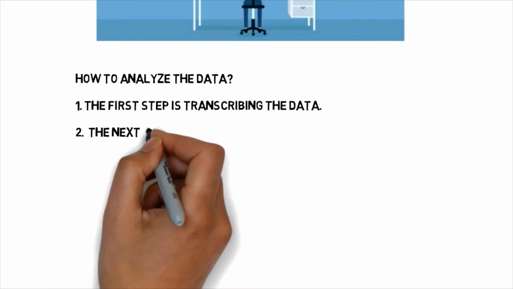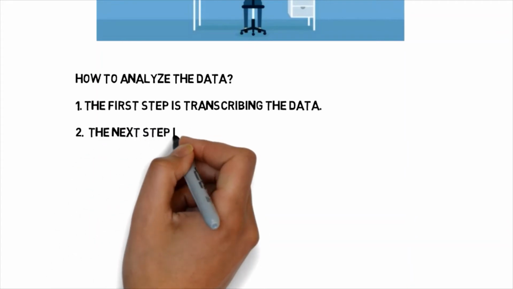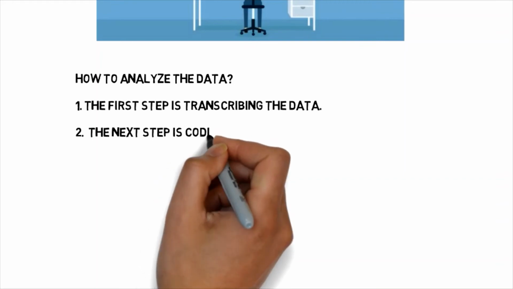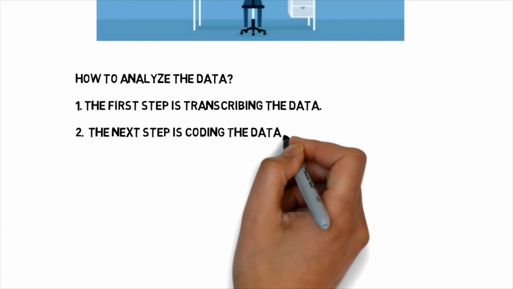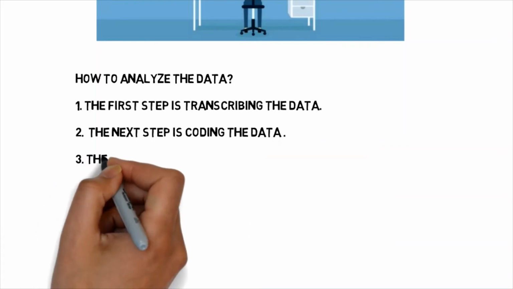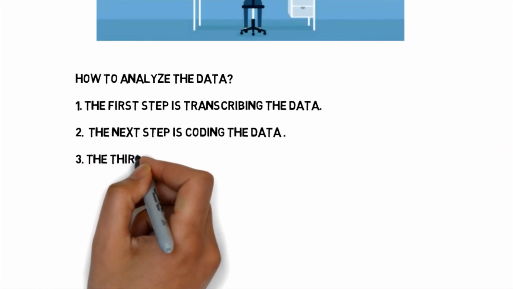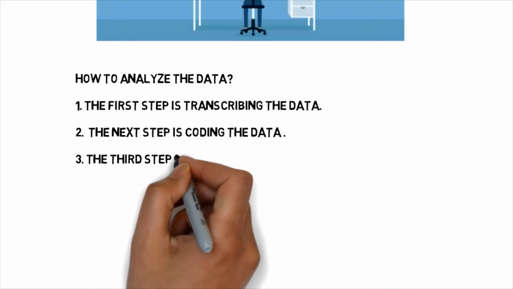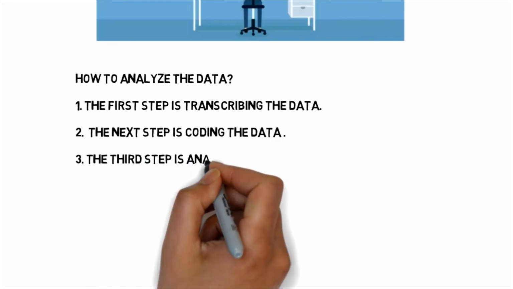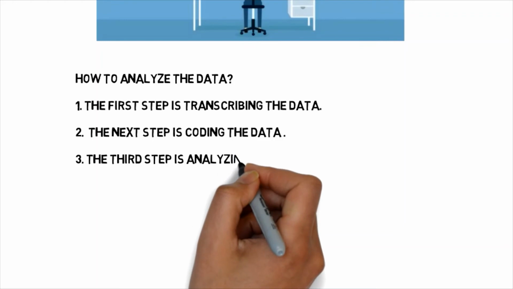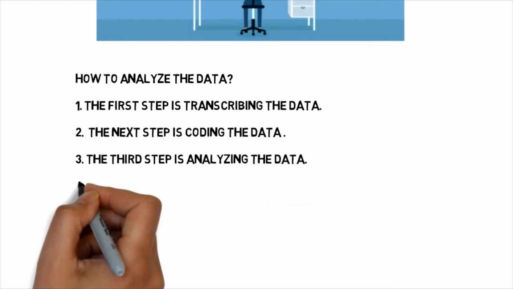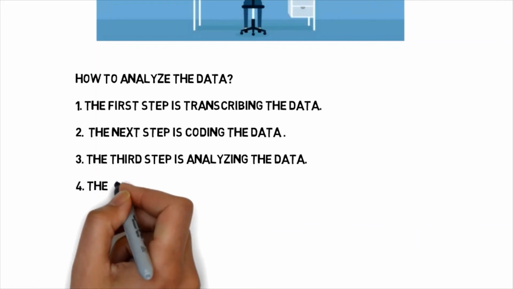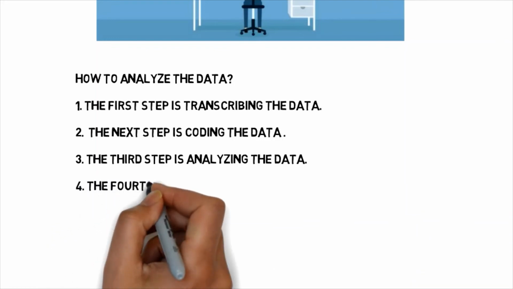The next step is coding the data, where the researcher codes the data into more specific patterns and identifies them qualitatively. The third step is analyzing the data. It is comparing the data, in which the researcher compared the data to see whether they said the same thing or whether there were contradictions.